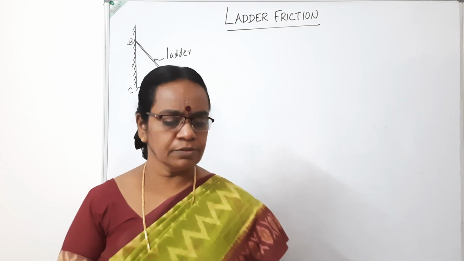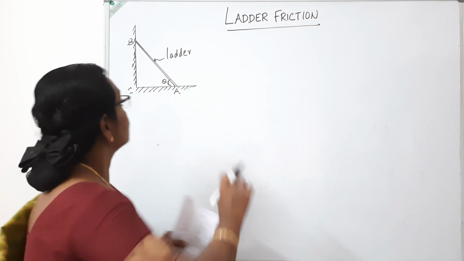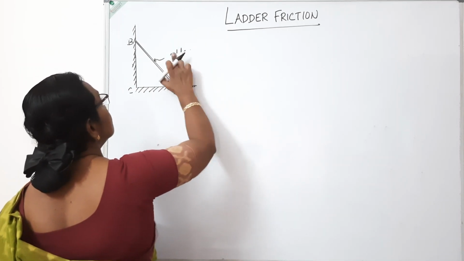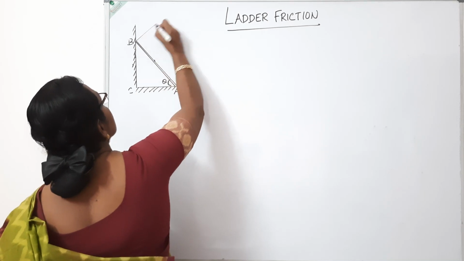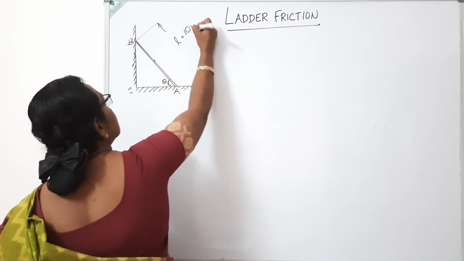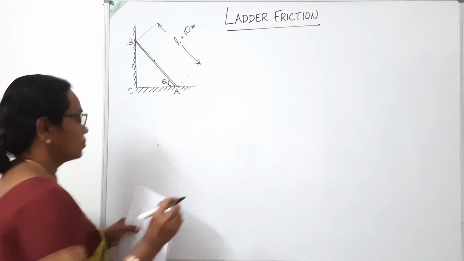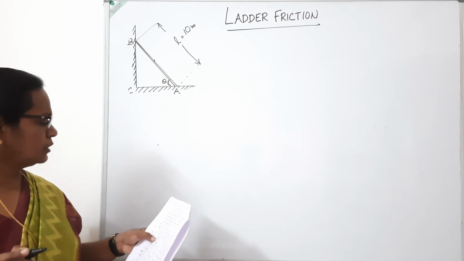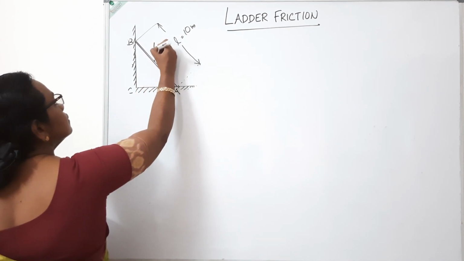So in this question, the things given are a uniform ladder of length 10 meter, so the length of this ladder is 10 meter. Then its weight is 20 Newton.